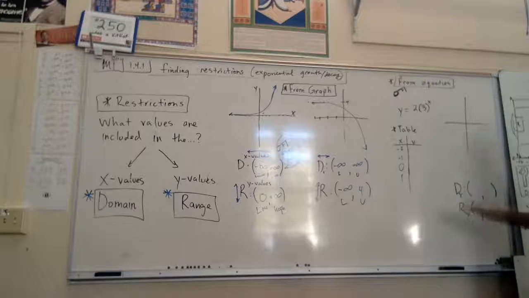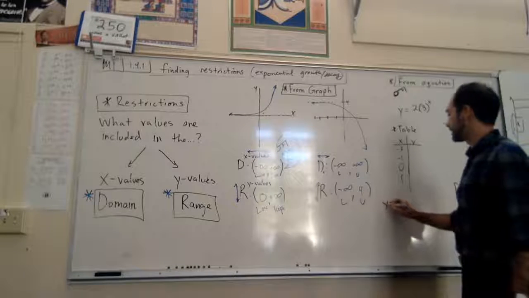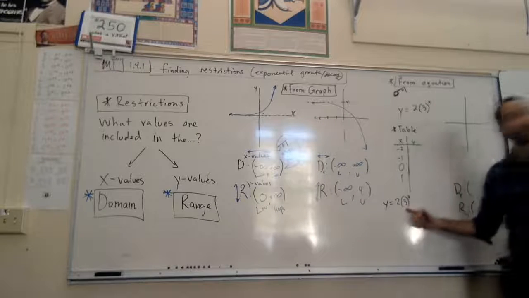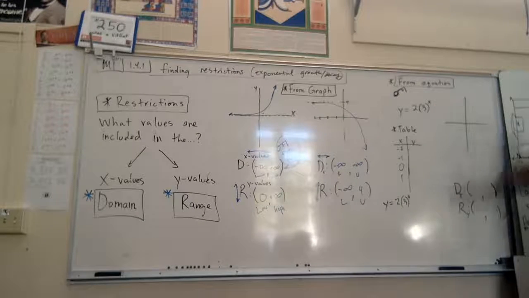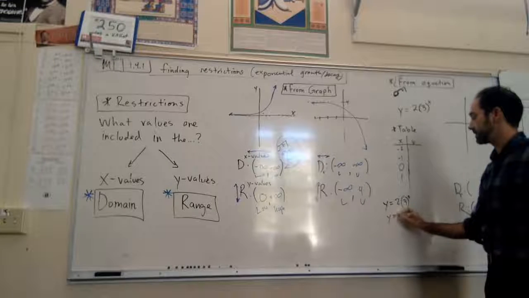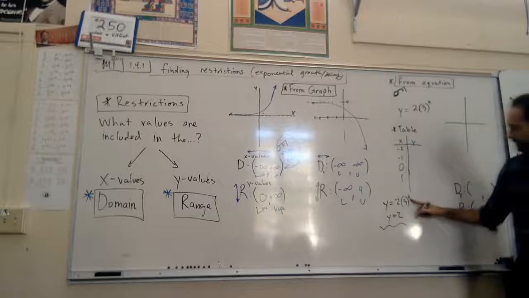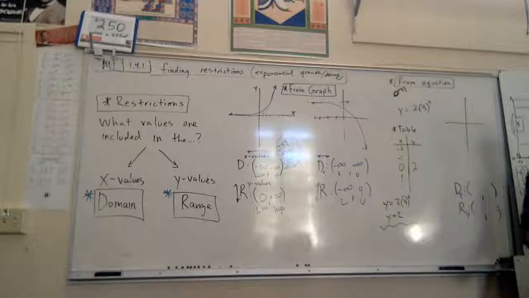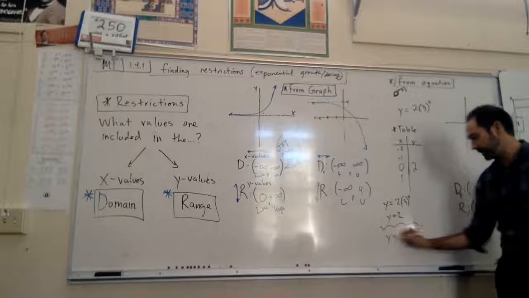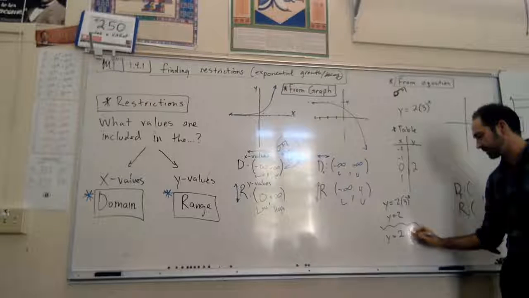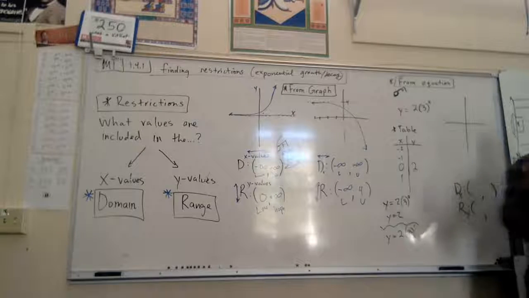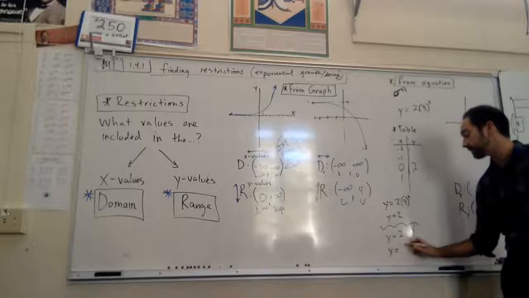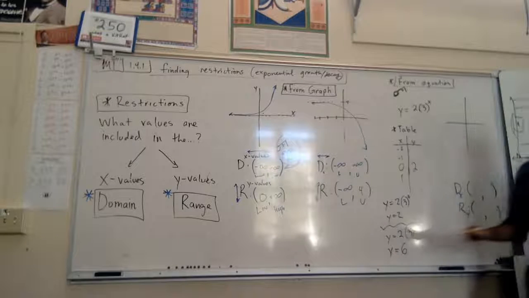So let's go ahead and plug in 0. And this is not totally necessary because 3 to the 0 is 1 times 2 is 2. So when I plug in 0 for x, I get 2 for y. Let's do 1. 1 is also pretty quick because it's 2 times 3 to the first. 3 to the first is 3, times 2 is 6.